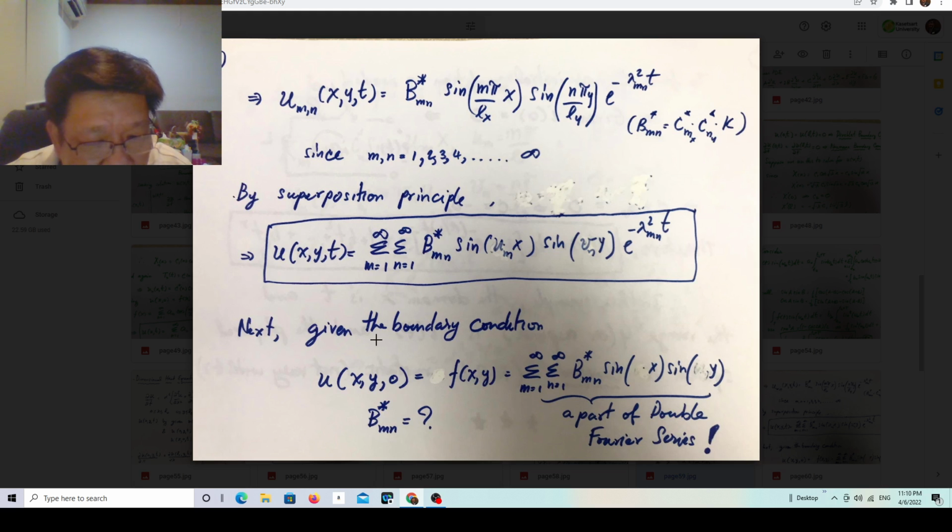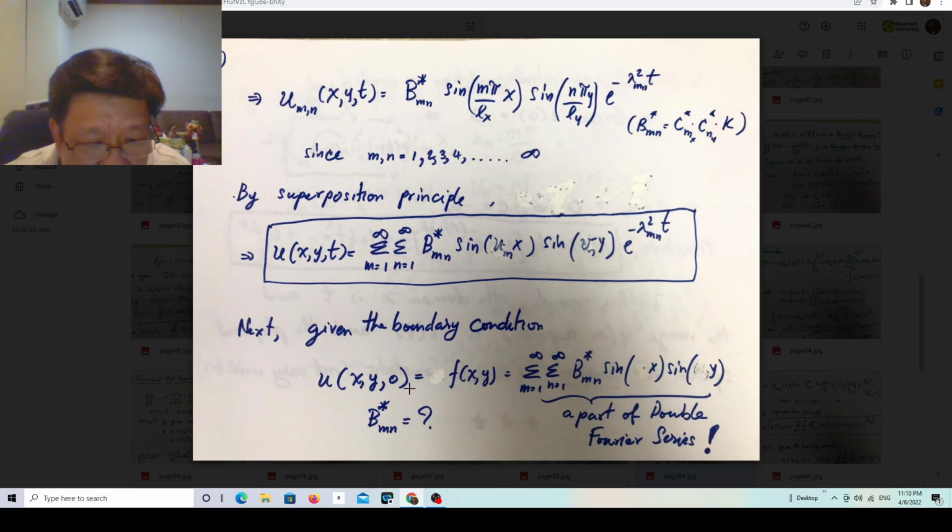So given the initial condition, u at coordinate x, y at time t equal to 0 is equal to f(x, y) again. I forgot to write down mu_m and v_n here. This should be sine of mu_m times x times sine of v_n times y, just like the functions that appear over here.